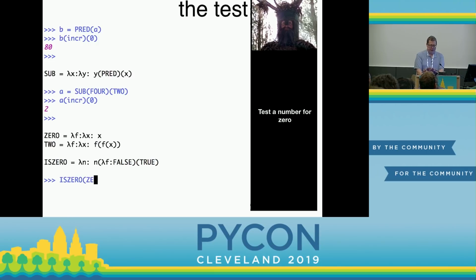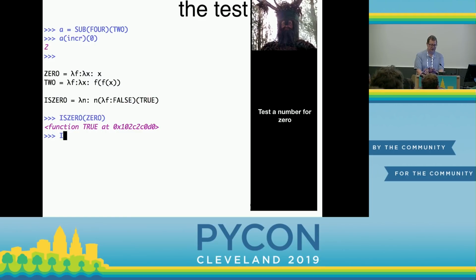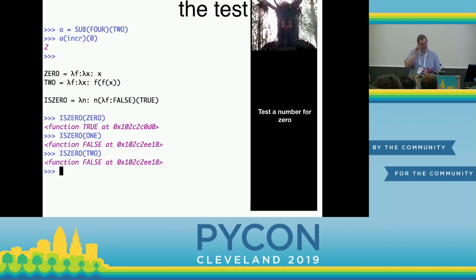If we do is0 of 0, it comes back as true. If we do is0 of 1, it comes back as false. It always comes back as false for any other number. Essentially, 0 is a special case where the function is never called. This false function never gets executed, and instead you get true back. If you have any other number, then this function gets called, and it's always false.